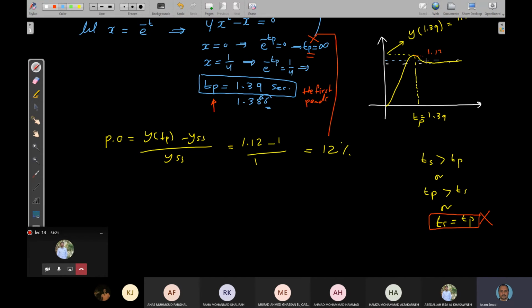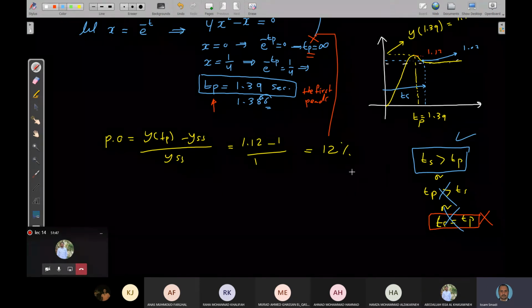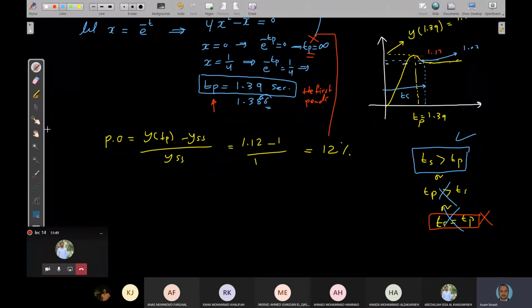Because TS must be at a place where the system has entered the 2% band, correct? Yes. So in this case, this is the TS, and of course TS is greater than TP in this case. So this is only a way to check your answer later on if you calculate the TS.